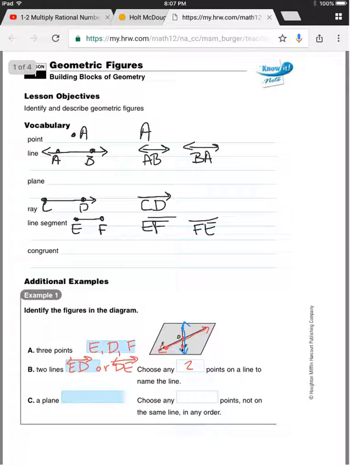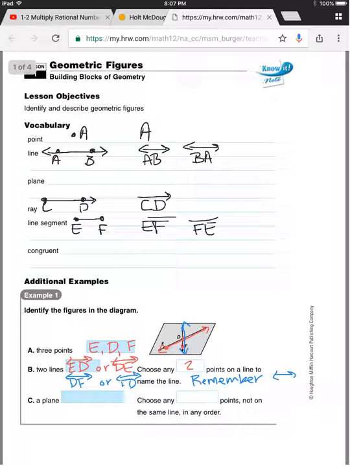So now we're going to look at the blue line. And we can do DF or FD. Okay? So we need to remember the line notation over it.